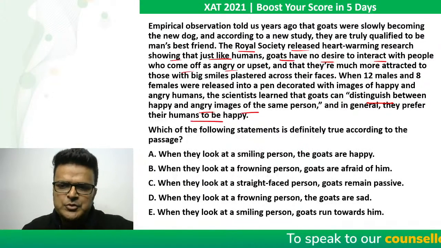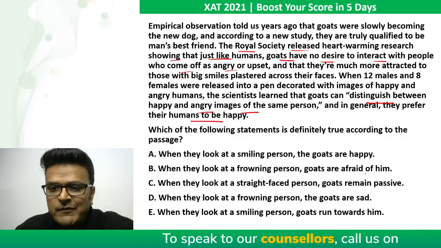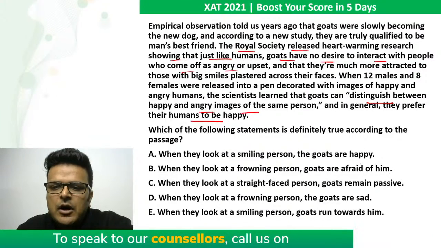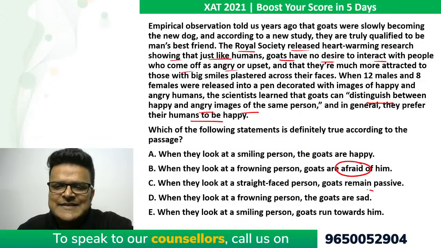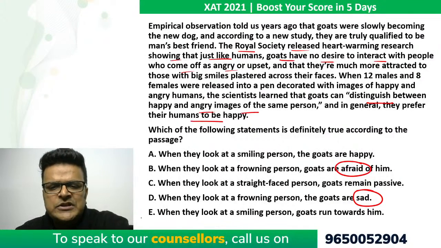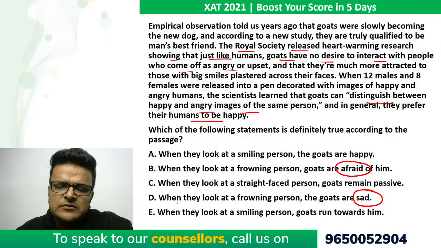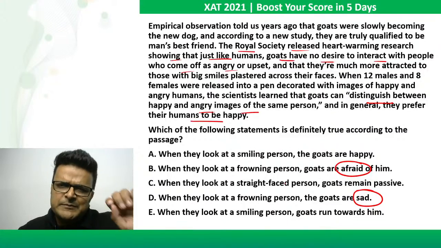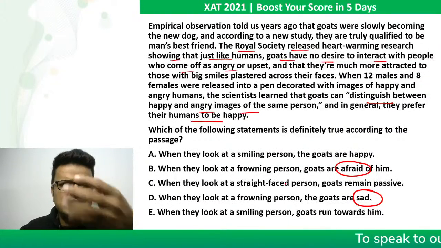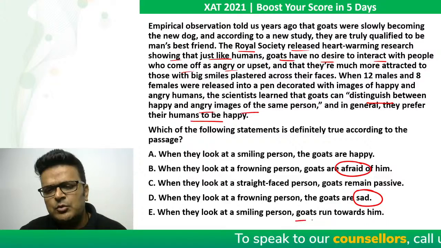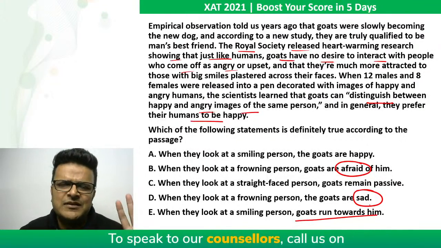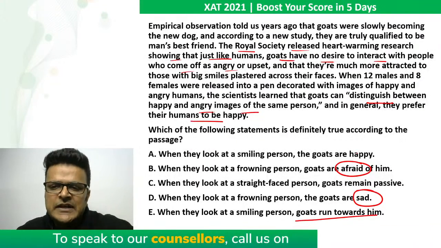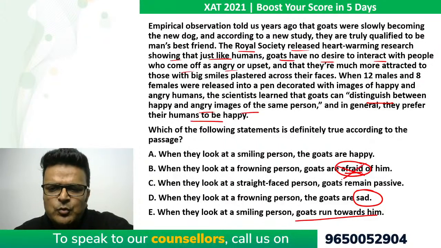Correct. Now look at the options. Look at the new words they have added. Afraid, sad. E option is the end of imagination for the question maker. The question maker gave up. He said, I don't understand what to write. So he wrote goats run towards him. Complete nonsense. But can I say the paragraph cannot support words like afraid or sad or running towards.